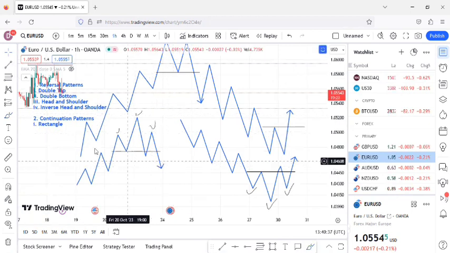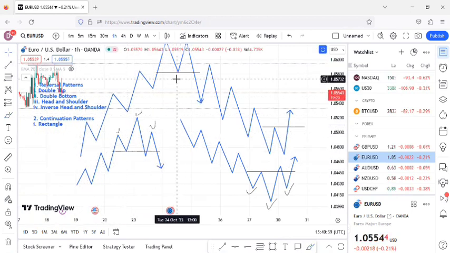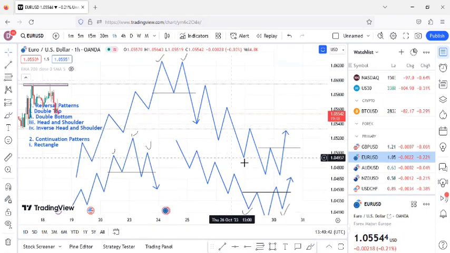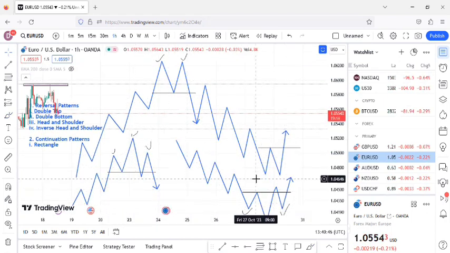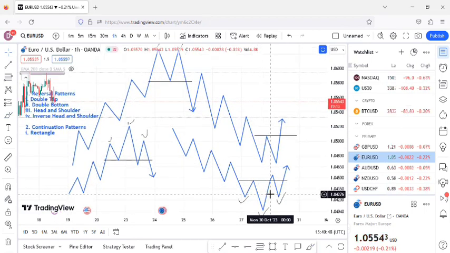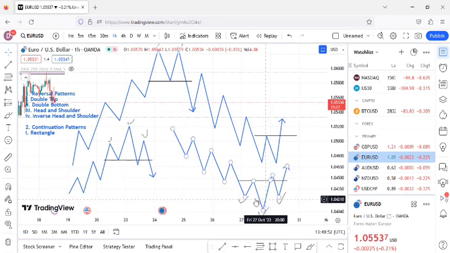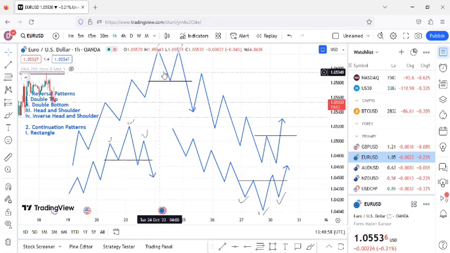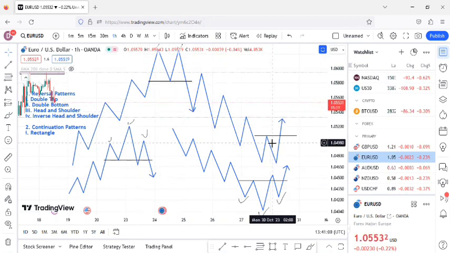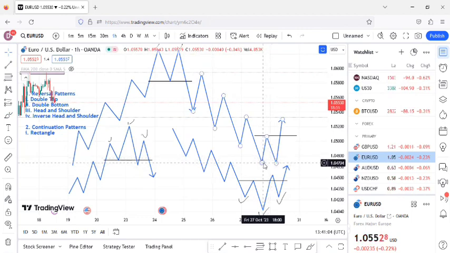We have double top, we have double bottom, we have head and shoulder, then we have inverse head and shoulder. The inverse head and shoulder is found at the bottom of a trend, while the head and shoulder is found at the top of a trend. Double top is found at the top of a trend, while the double bottom is found at the bottom of the trend. That is what makes them what they are.